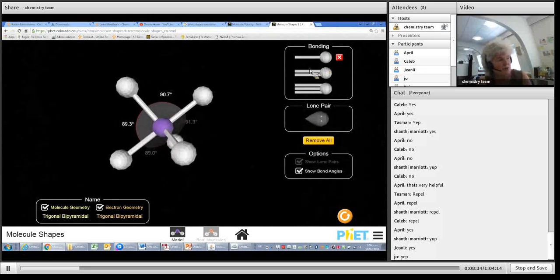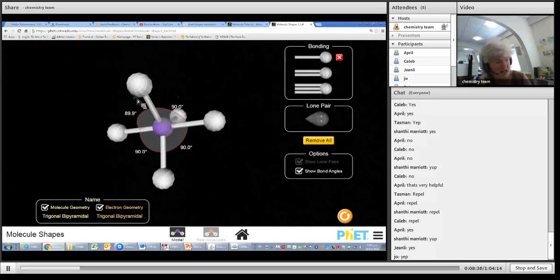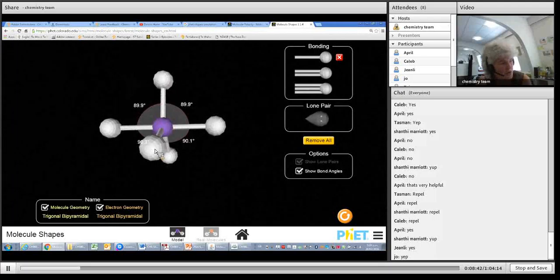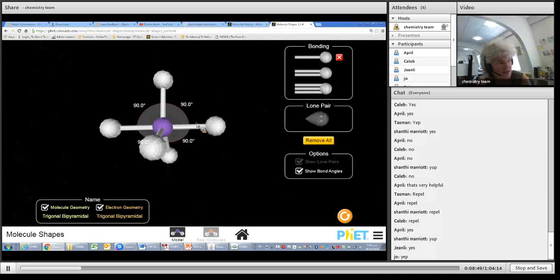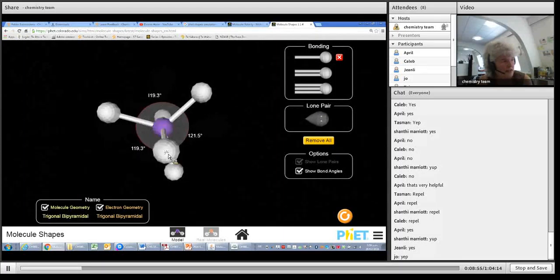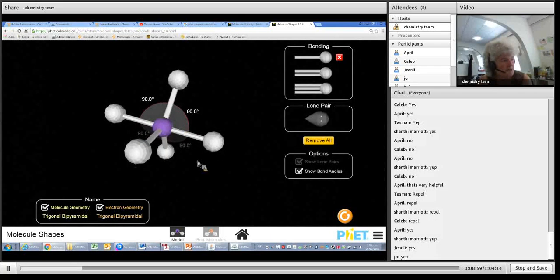Now, this one is perhaps the tricky one to visualize, and this is where the simulation is really good if you try it yourself. Do you notice there are two bonds that are directly opposite each other at 180 degrees to each other? And then there's this middle bit here, if I just sort of turn it round and round, that is a different angle.